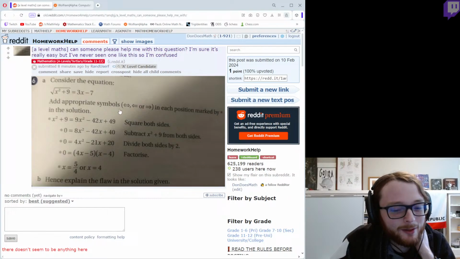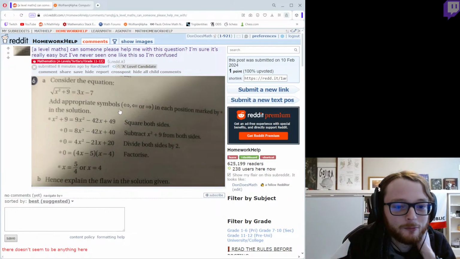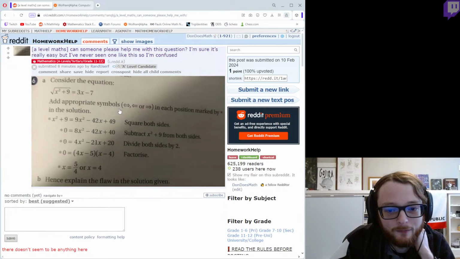Basically, you would want an arrow that goes both ways if you could reverse the steps and still be doing valid math. Like if you square both sides, you can't necessarily go back and square root each side, because you don't know whether to take the plus case or the minus case. I think that's kind of the point being made.